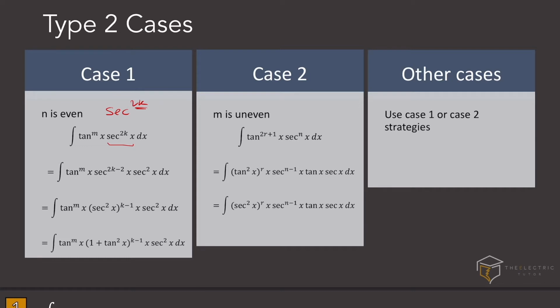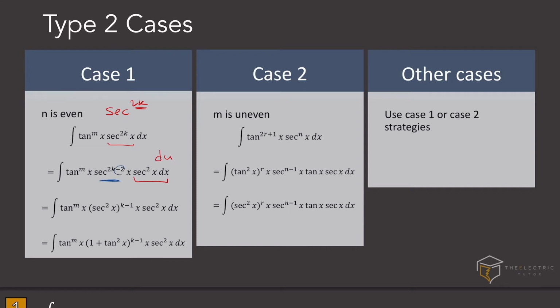However, what we have to do is take two of those secants separately, because we need to use u equals tangent, and then the du is going to be secant squared. So that is why we need a secant squared on the outside. This is going to be our du, guys. That's why we see here a secant with two of them less.